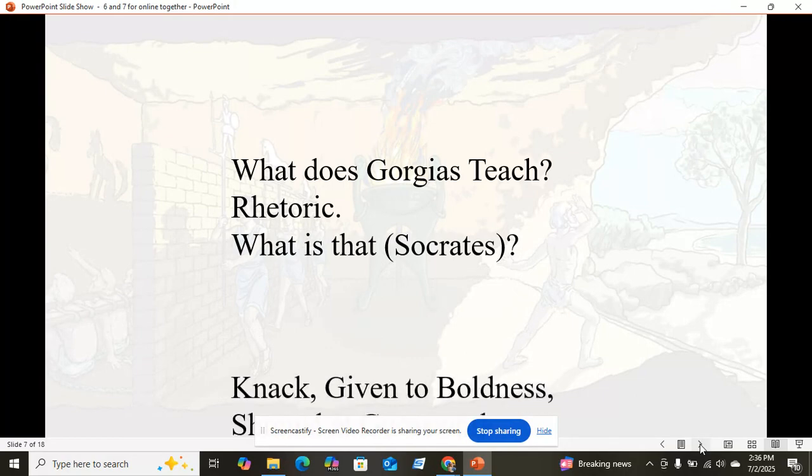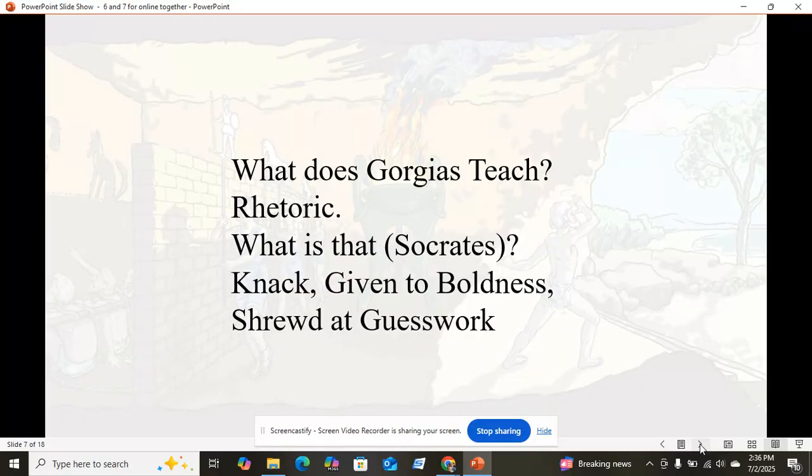So why is this a problem for Socrates? What does he see rhetoric as? Right? It's a knack. It's not an art. Why is it not an art? What does he mean? It's not rooted in knowledge. It's not based on knowledge. He says it's a knack that some people have if they're given to boldness, if they're shrewd at guesswork. You can see that in the dialogue, where Socrates talks about rhetoric being a knack.